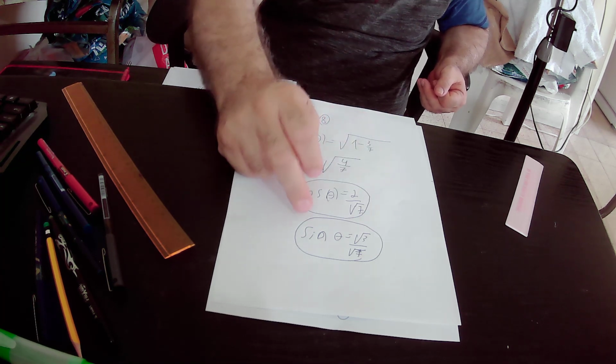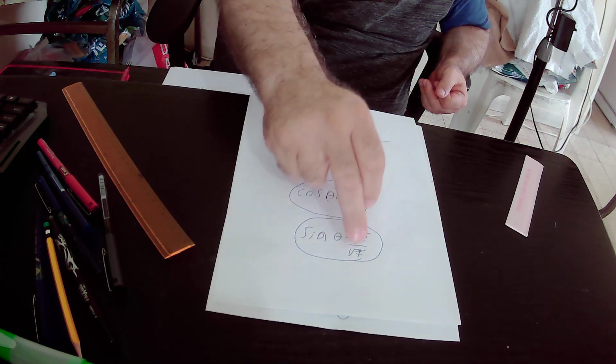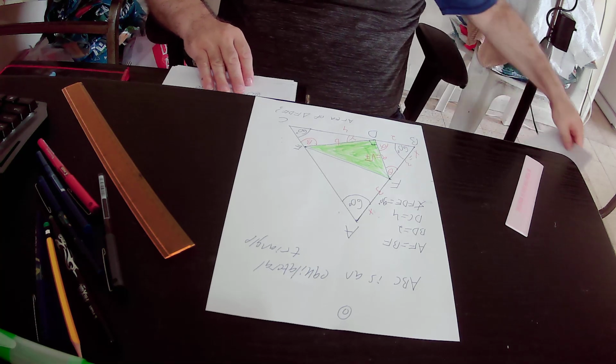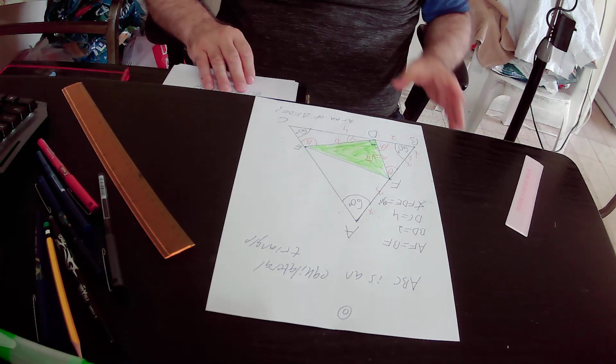And we have already found that the value of sin theta equals root 3 over root 7.